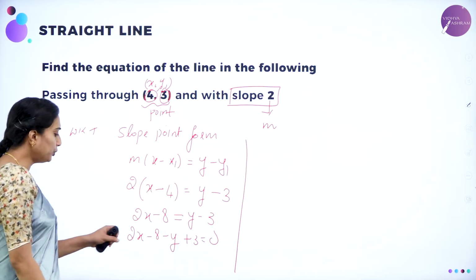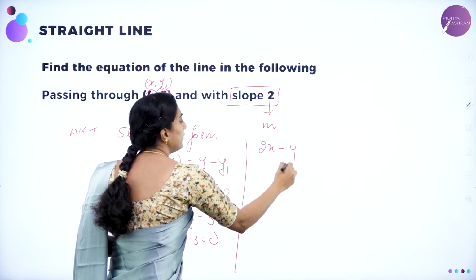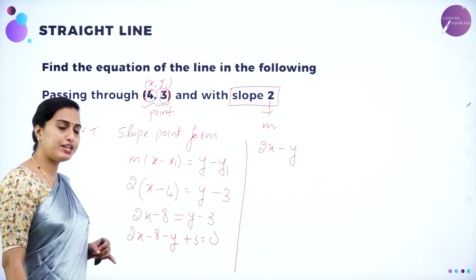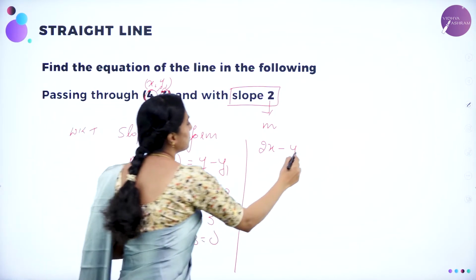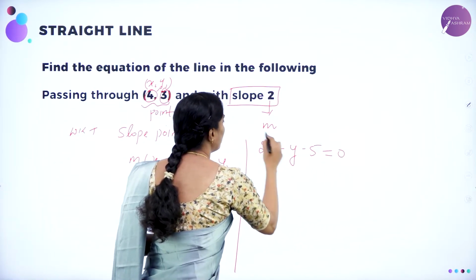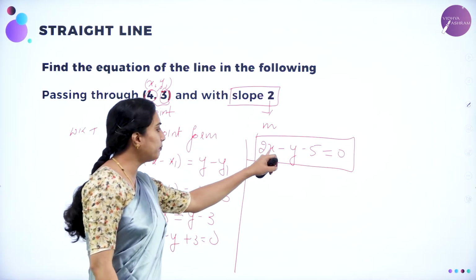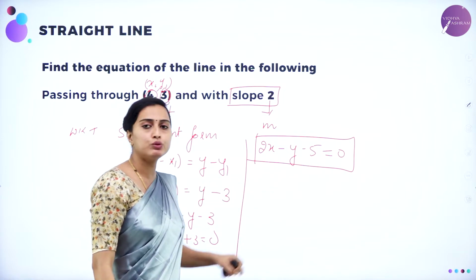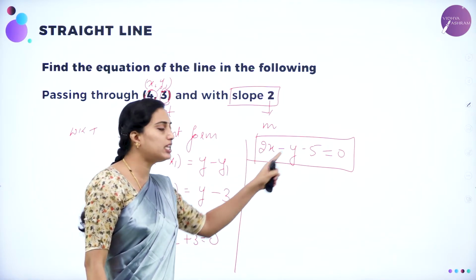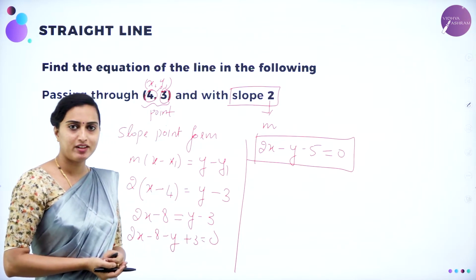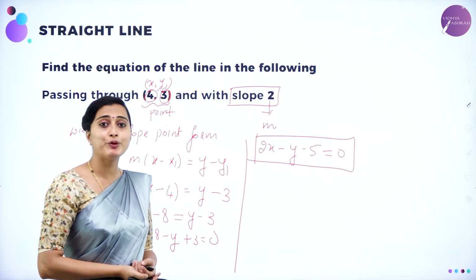Otherwise, you can have 2x minus y, which is ax plus by, where b is nothing but minus 1. Minus 8 plus 3 gives you minus 5, so minus 5 equal to 0, which is in the form of the standard equation of a line, ax plus by plus c equal to 0. The a value is 2, the b value is minus 1, the c value is minus 5. How easy. This is called the standard equation of a line. I hope you got this one.